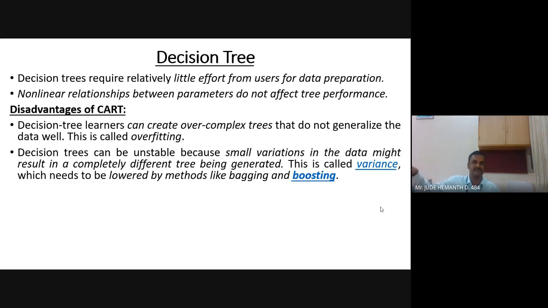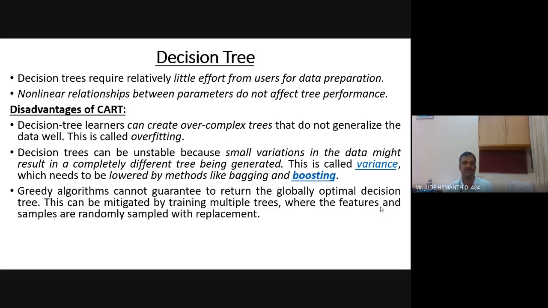So I will have a separate leaf for the diamond. So when I go for some additional data, even small variations in the data, my tree will become very, very large. And finally, we may lose the path or the objective why we went for that decision. This is called variance, and maybe you can explore more on that later; as a beginner, that is sufficient for you. This drawback can be avoided using bagging or boosting methods.